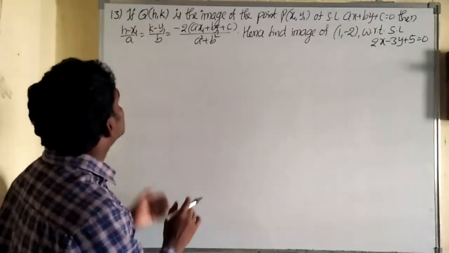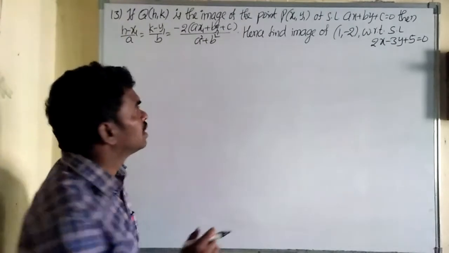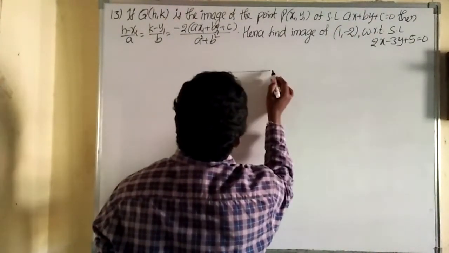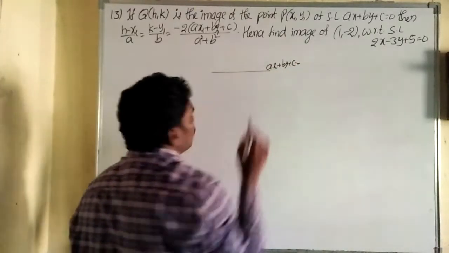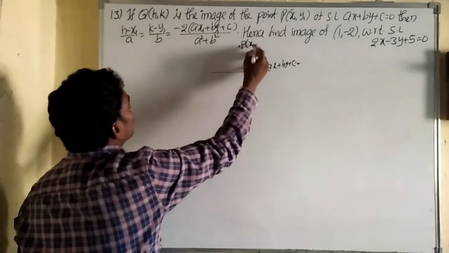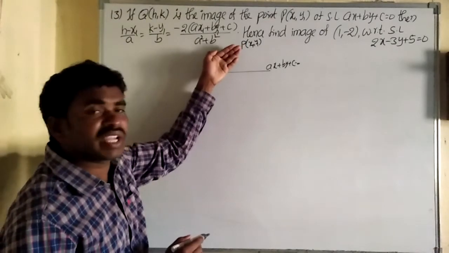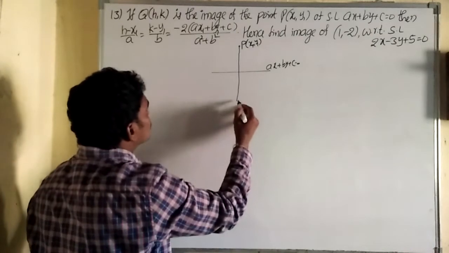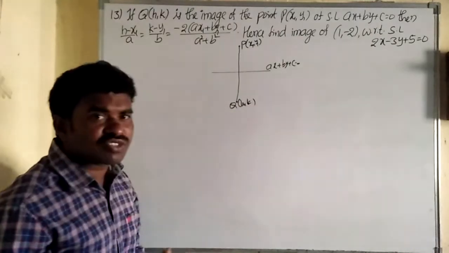So here Q is the image of a point P with respect to a straight line ax plus by plus c equal to 0. For this straight line, suppose P is a point, (x1, y1). So the image of this P is Q(h, k). See, image means what?